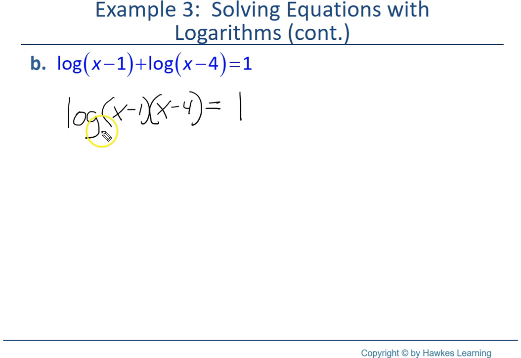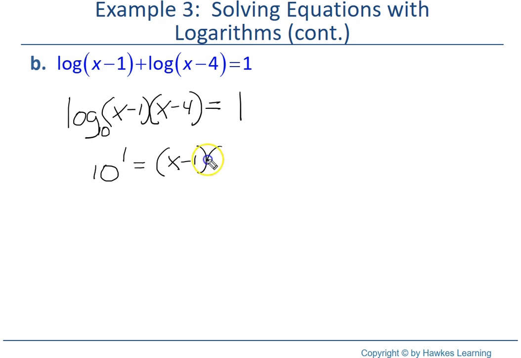And keep in mind, this is our common log, base 10. So we're going to convert this to its exponential form. Now, this is going to be base 10 to our exponent, 1, and this is the answer.